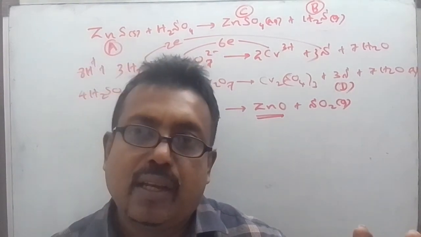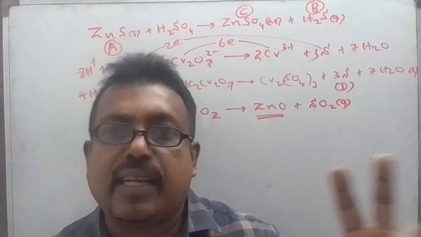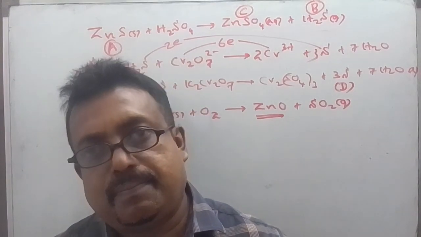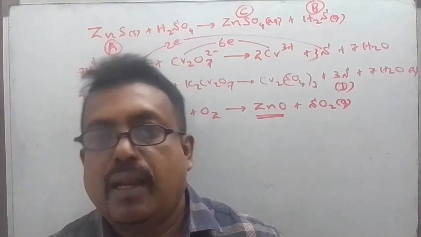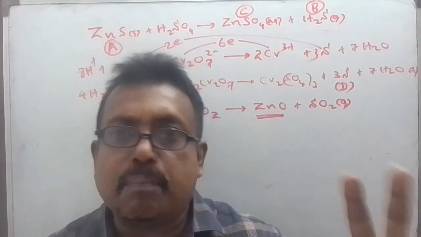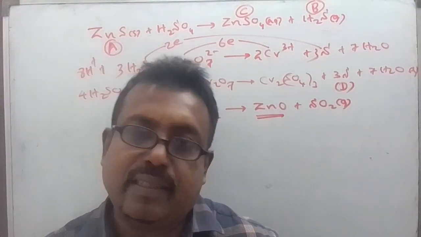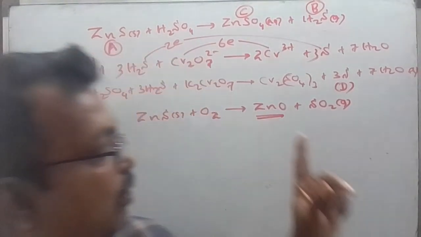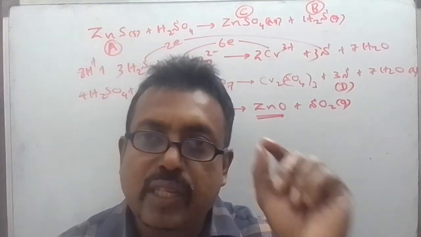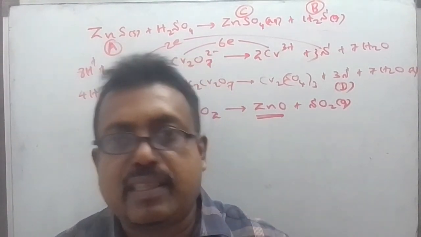We know that all aqueous solutions of zinc ions are colorless. Likewise, all solid compounds of zinc are white. However, for zinc oxide you need to know a very specific thing.